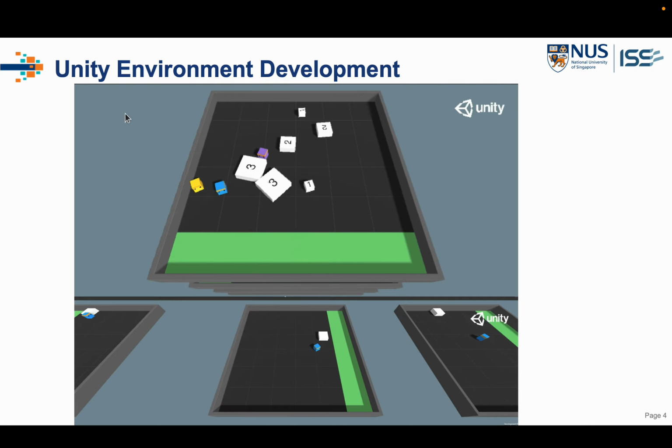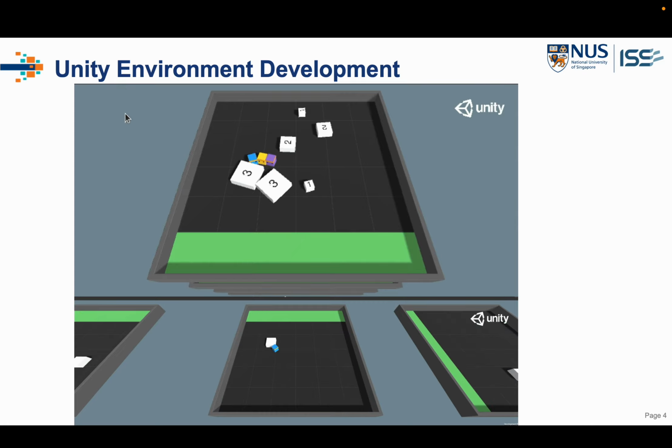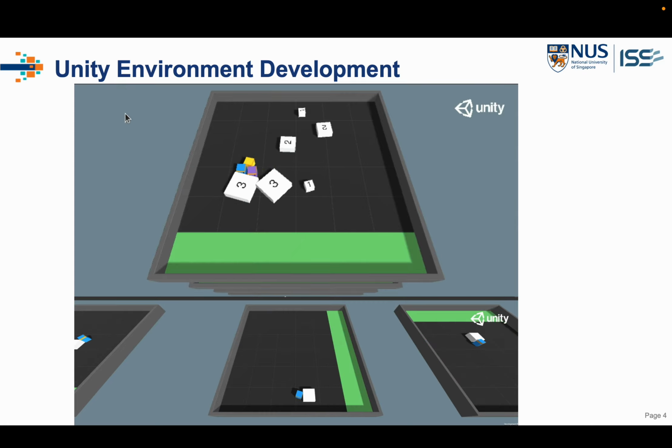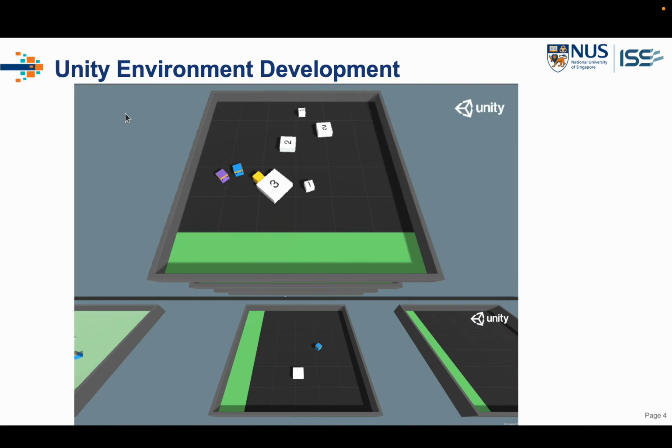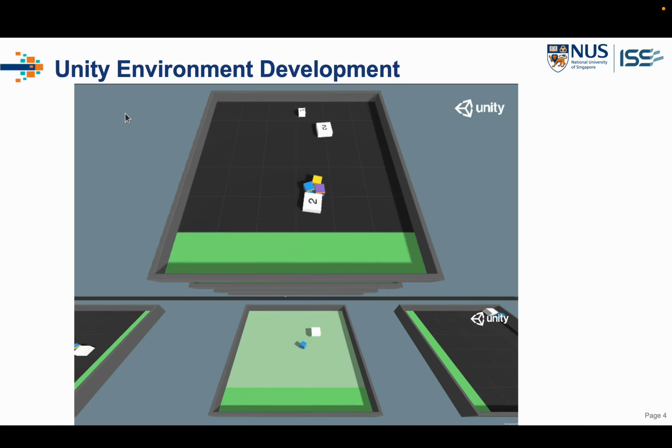To accelerate the training speed of reinforcement learning, 32 identical training scenes were set up for the single agent, and four identical training environments were set up for the three-agent push boxes game.